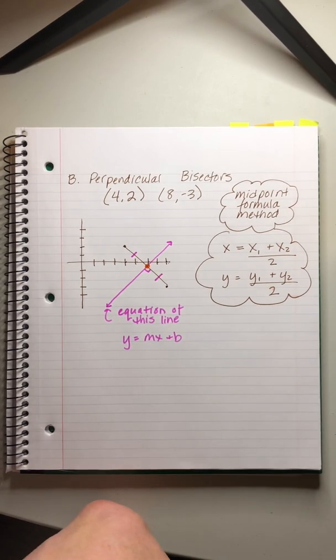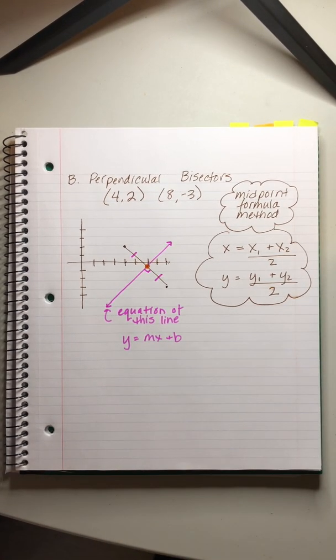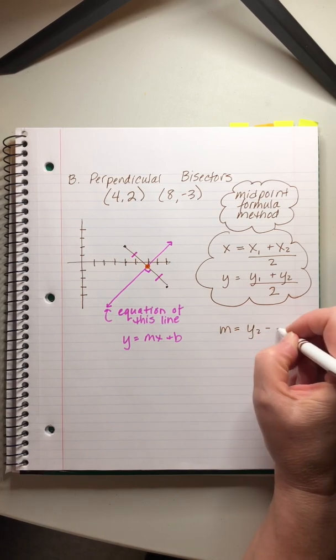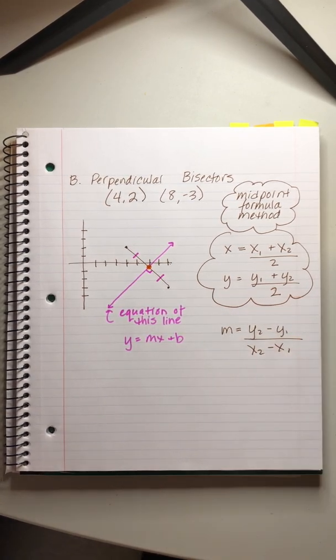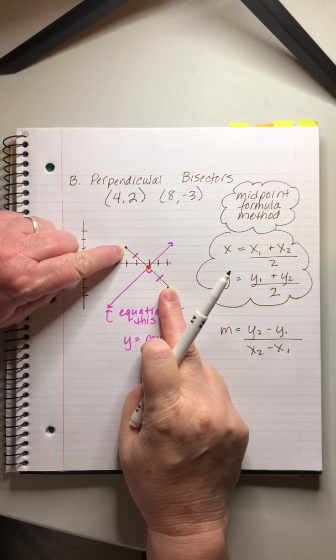How could we find the slope? Well, let's see. In order to use slope formula, m equals this one, right? We could do it for this one, right?